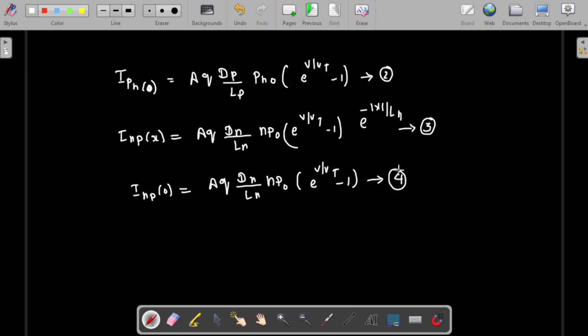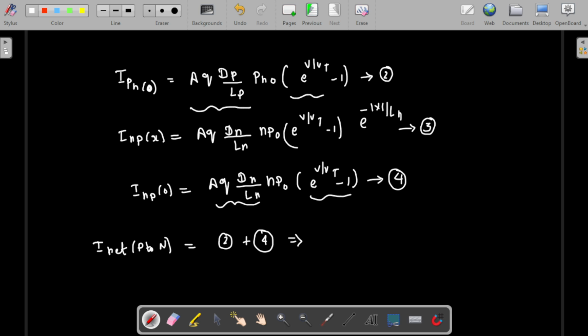Okay. So now we have to calculate the net current. Net current is a summation of these two. So I net from P to N will be equal to, we need to add equation number 2 and 4. If we take the summation of both, let's take the common things. The common thing is e power V by Vt minus 1.